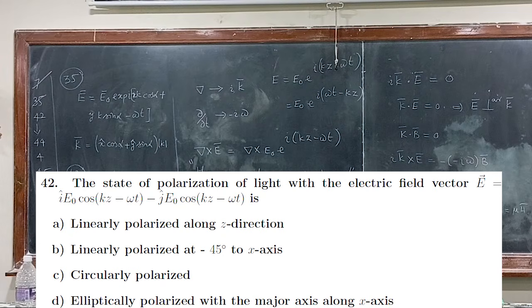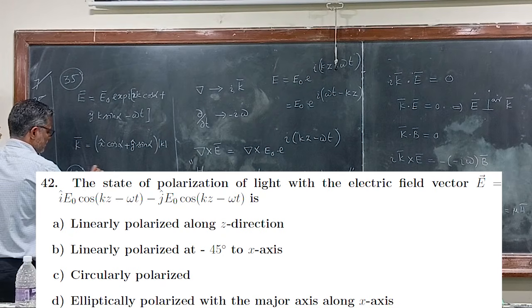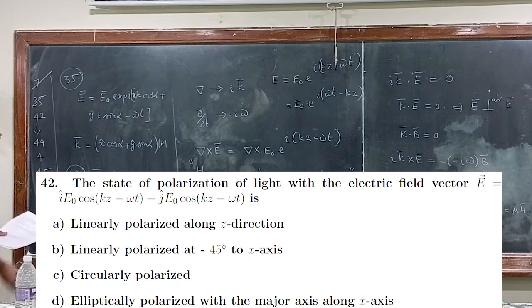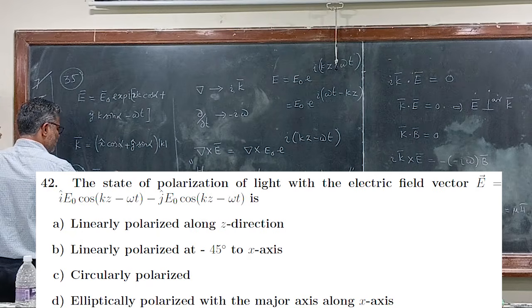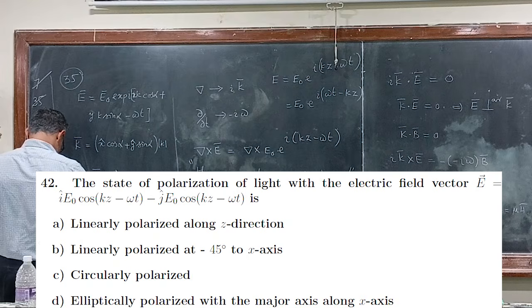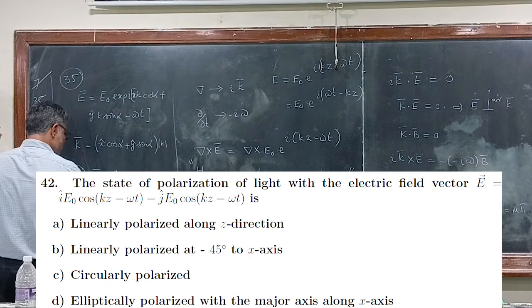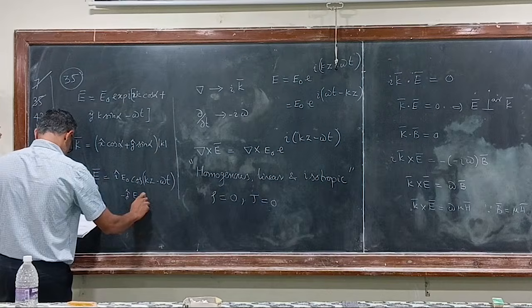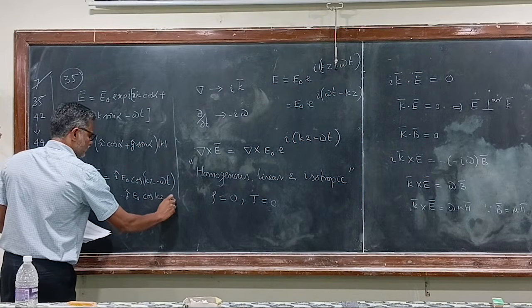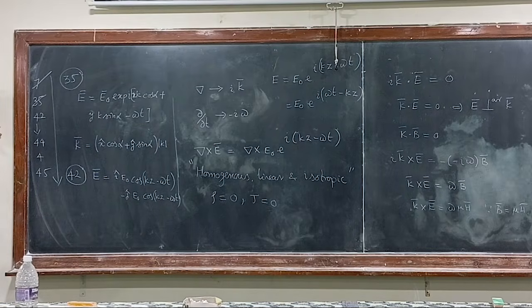The state of polarization of light with the electric field vector E is represented as, let's say, i cap E0 cos(kz minus omega t), and then minus j cap E0 cos(kz minus omega t).